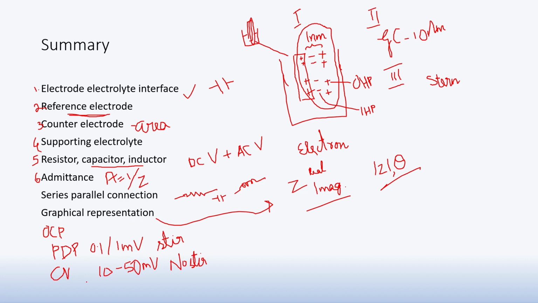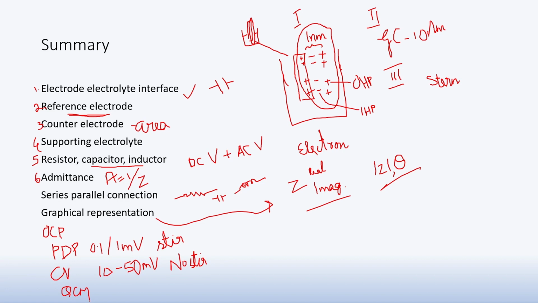And then the last one you learned was the quartz crystal microbalance. The quartz crystal microbalance will help us understand if there is a mass being deposited on the electrode surface, or something is getting out of the electrode surface.